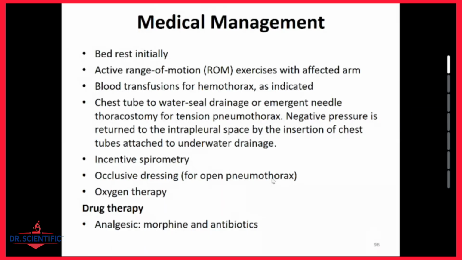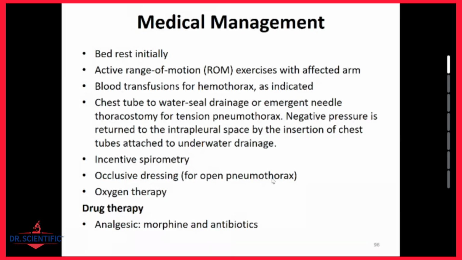Your management: bed rest should be encouraged for the patient. Active range of motion exercises with the affected arm. Blood transfusions in hemothorax can be indicated. Chest tube to water seal drainage for tension pneumothorax to remove the excess air and excess fluids.